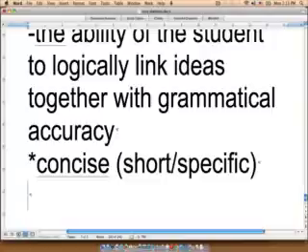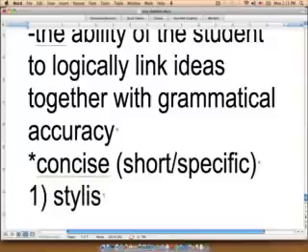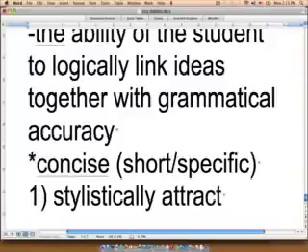Now, I tell students to write concisely for two reasons. The first reason is that writing concisely is considered stylistically attractive. If you write your sentences short and to the point, in English this is considered a good thing.